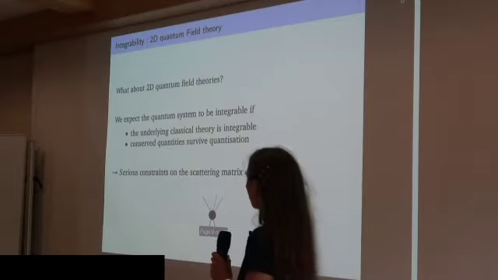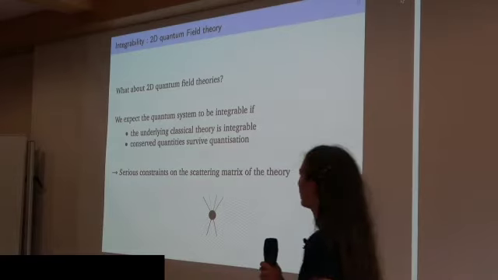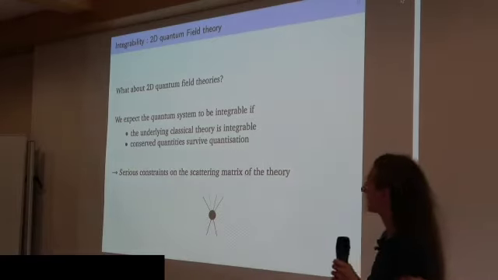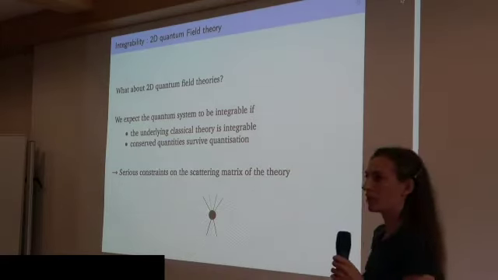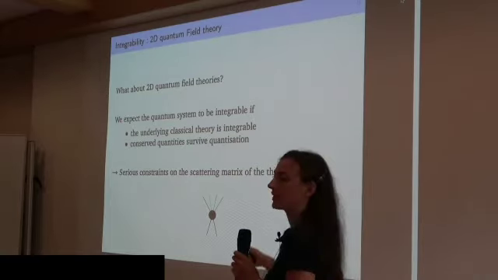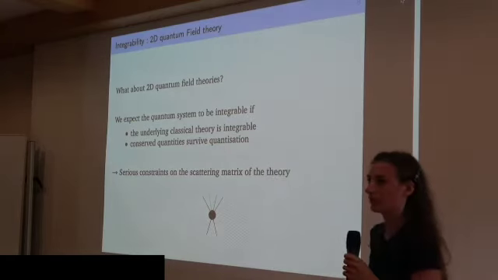So this is for classical field theories, and now you can also ask what happens for quantum field theories. So what about two-dimensional quantum field theories? Well, for this type of theory, you can expect the quantum system to be integrable if the underlying classical theory is integrable and if the conserved quantities actually survive quantization.